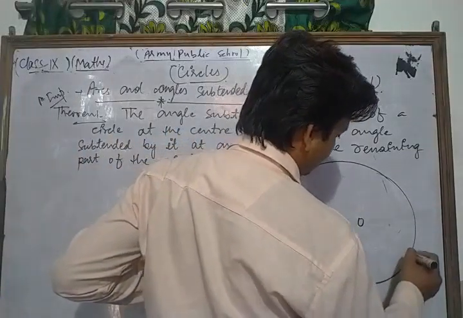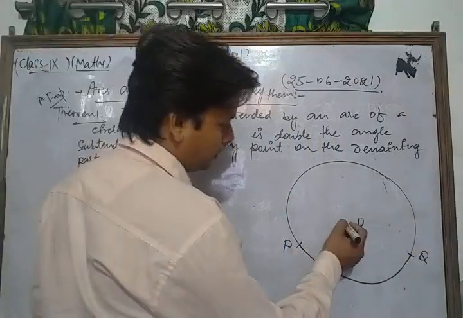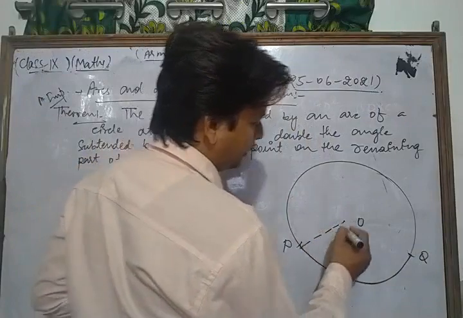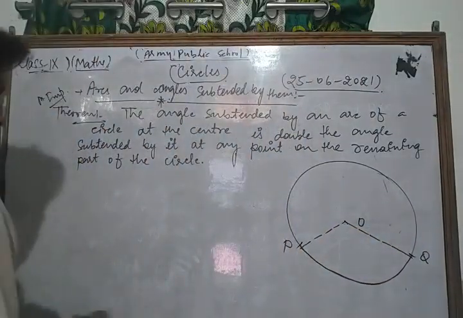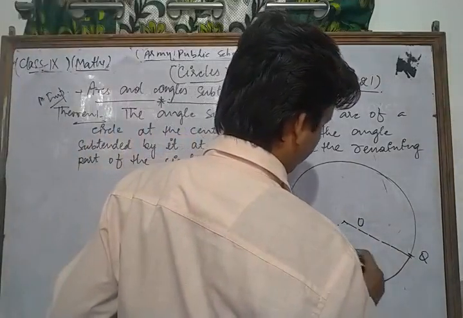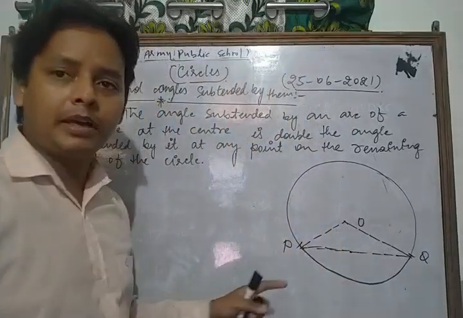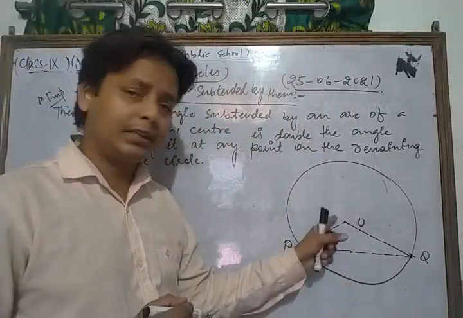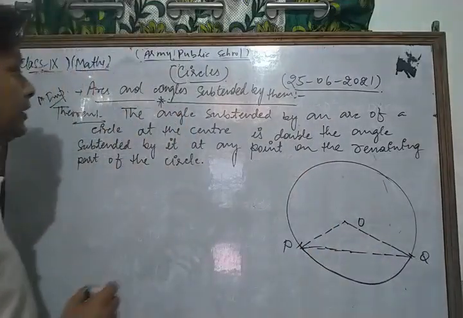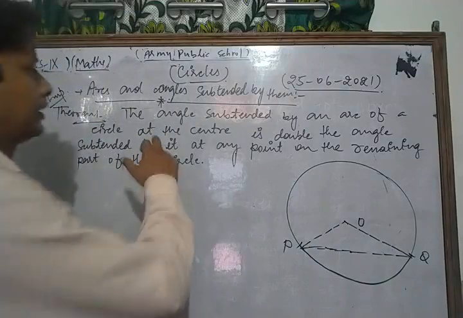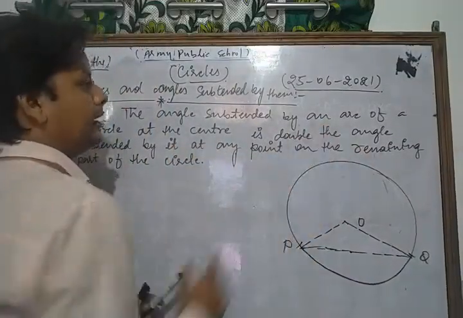We join OP and OQ, and we join PQ also. This is the chord. The angle subtended by that arc PQ at the center of the circle is angle POQ. And the theorem is the angle subtended by an arc of a circle at the center is double the angle subtended by that arc at any remaining part of the circle.